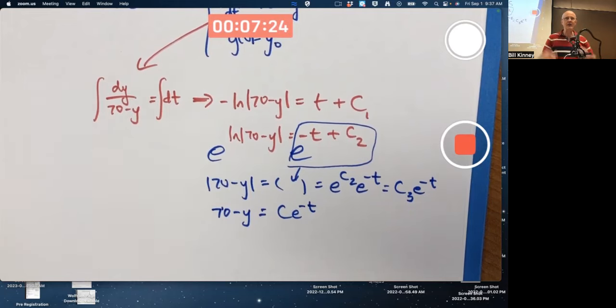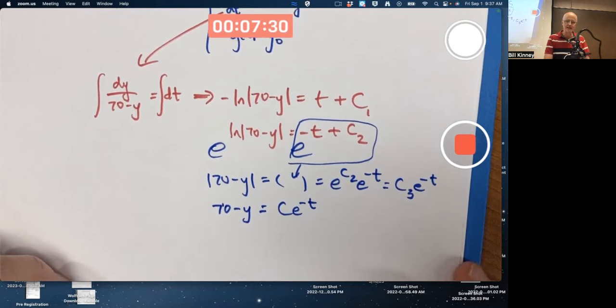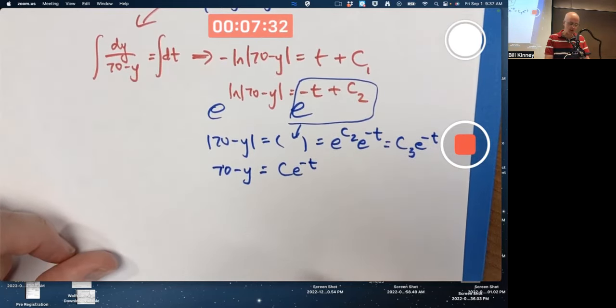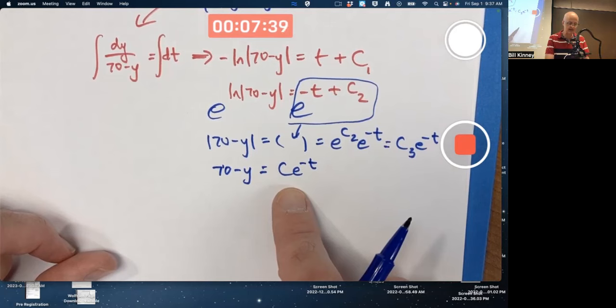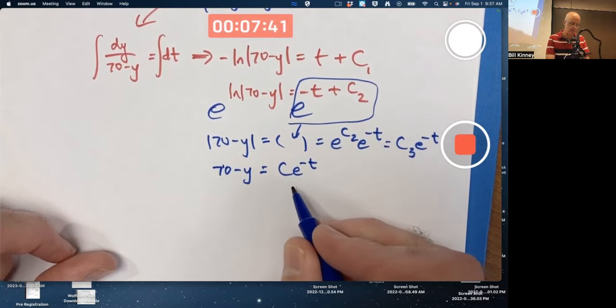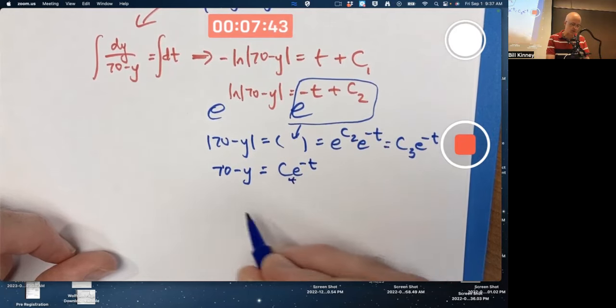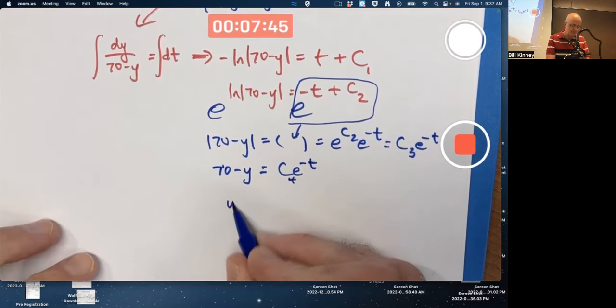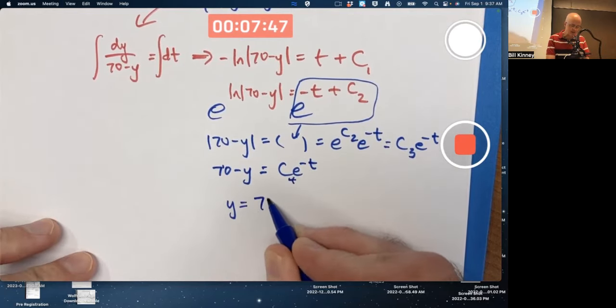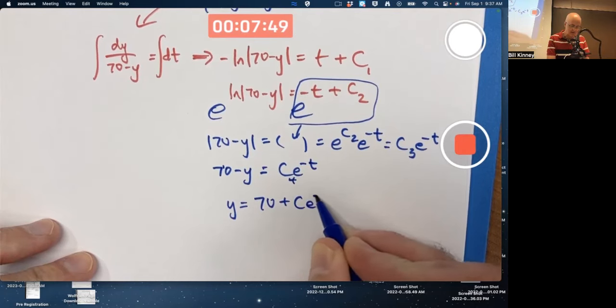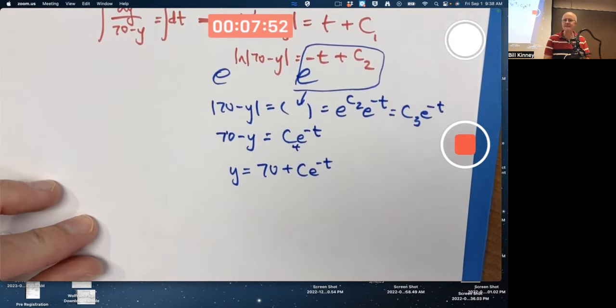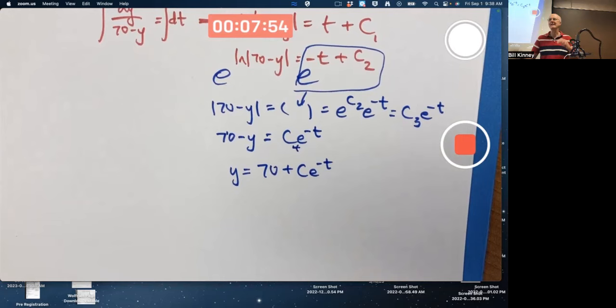Hand-wavy math, we're not worried about getting things real super precise. We're after the right answer in the end. Solve for y, we're almost there. I'll do two steps at once: add y to both sides and subtract c e to the negative t from both sides, although, okay, maybe I should call this a C4 and do it this way, where now c is negative C4, okay?